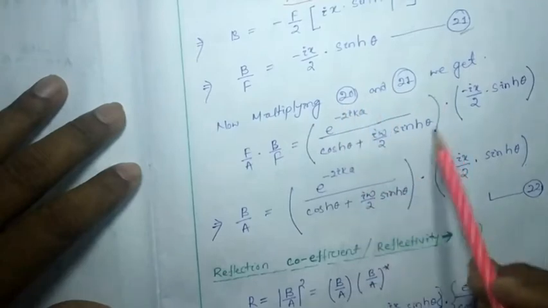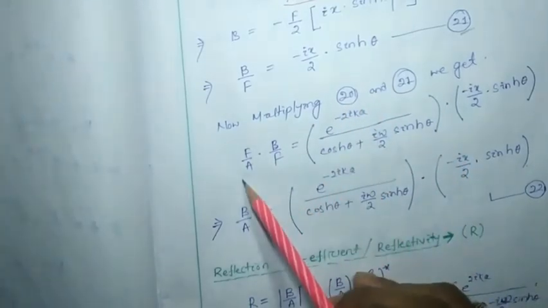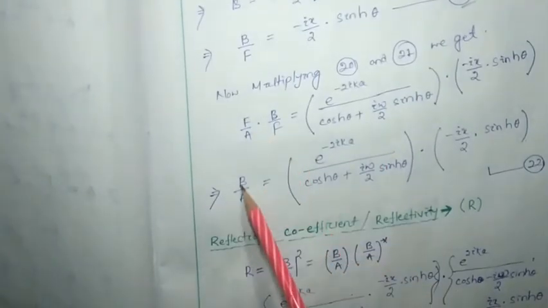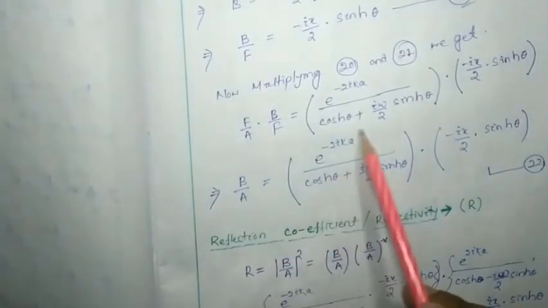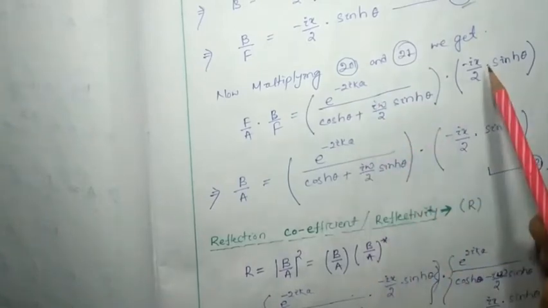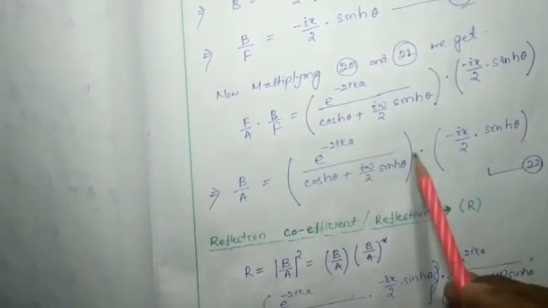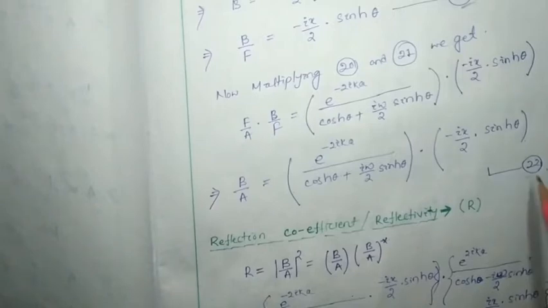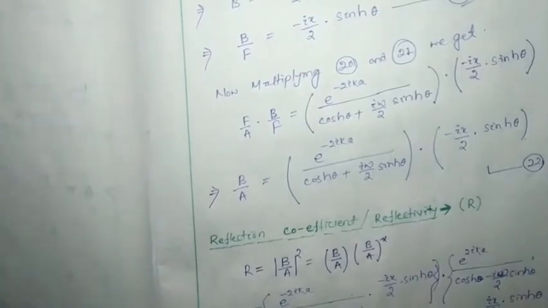This value is nothing but f by a, and this value is nothing but b by f. So f got cancelled. B by a will be equal to this much into this much. Let it be equation number 22.